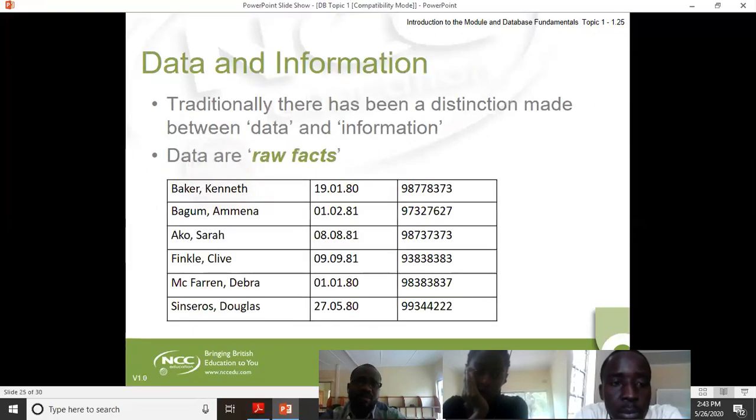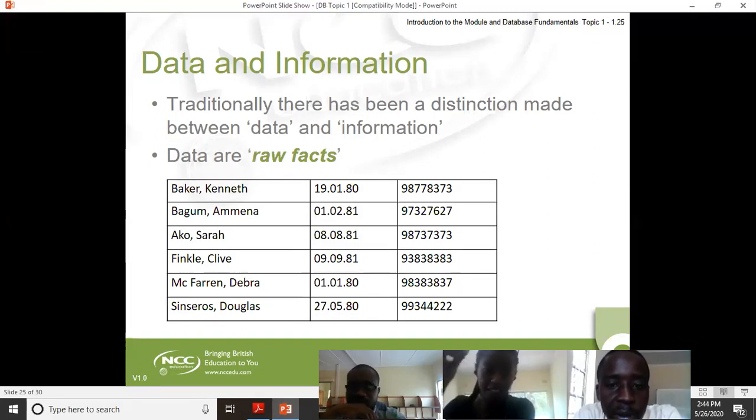Look at this table. Is this table making sense? Just say yes or no. No. Why is it not making sense? Because according to the date of birth, I don't think it's put the way it's supposed to be.